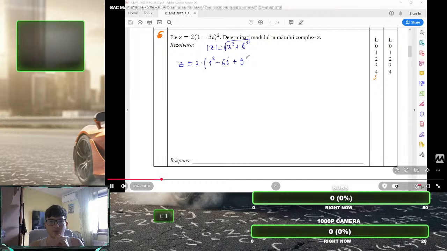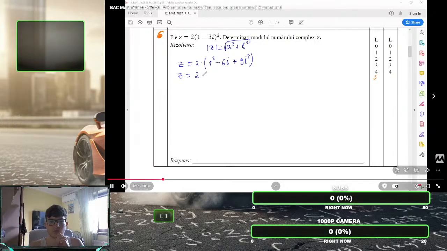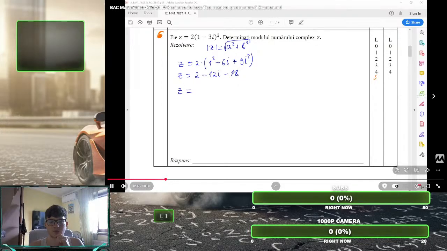So first we expand that to the second power of expression based on the formula, and we will receive 2 minus 12i plus 18i to the second power. But the i to the second power is minus 1, so we just switch the sign.